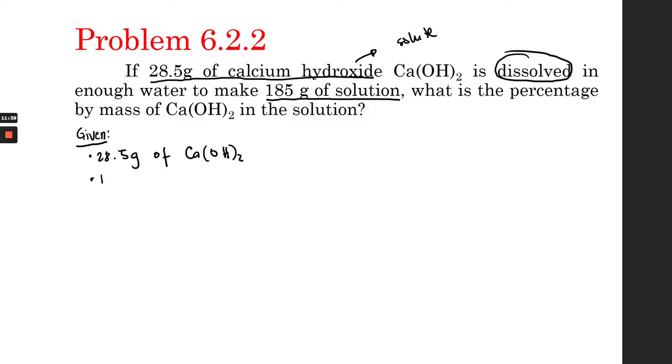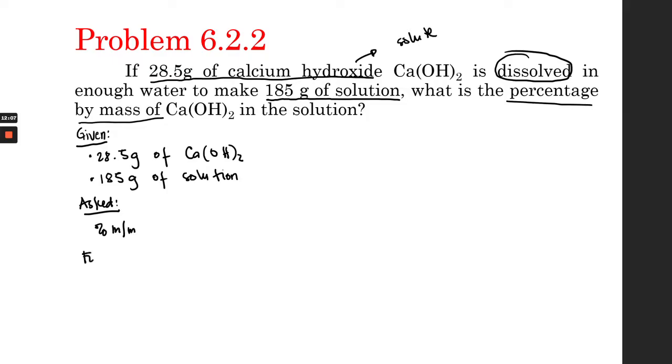So we have 185 grams of solution. In this case, this is a calcium hydroxide aqueous solution. So what are we being asked? What we are being asked is the percentage by mass of the solution.